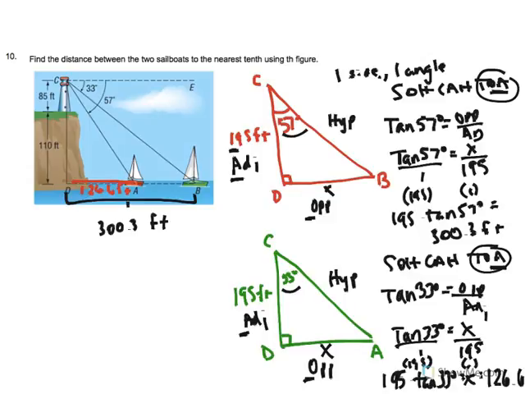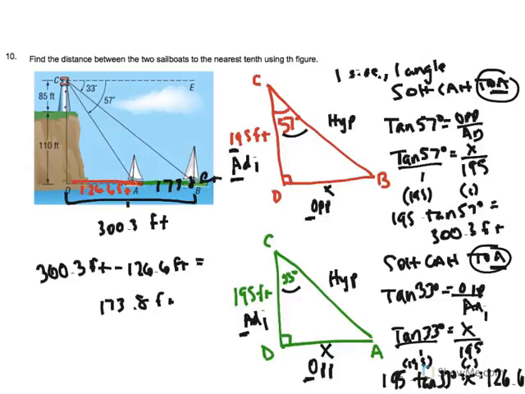So I can subtract the two distances that I have in order to get this distance here that I need. And I get 300.3 minus 126.6 feet equals 173.8. So this distance here is 173.8 feet.